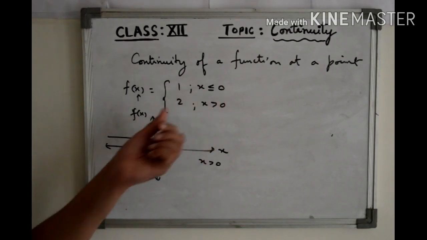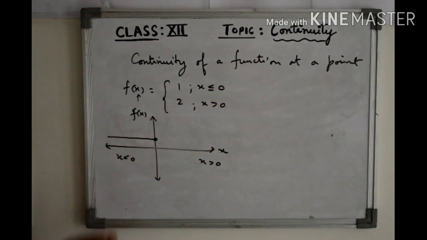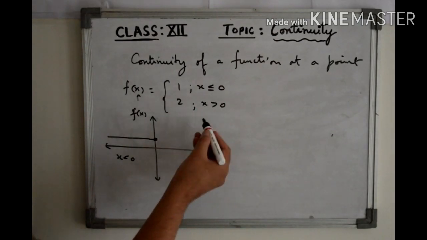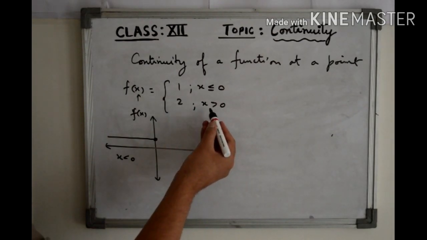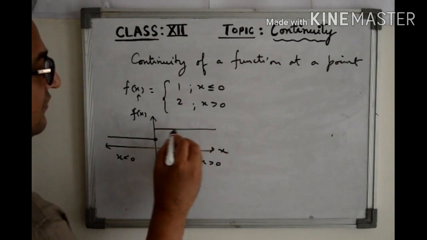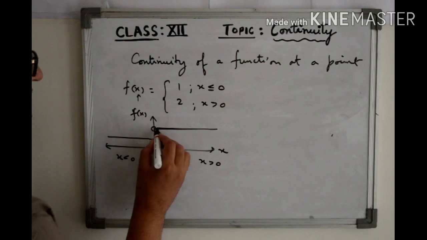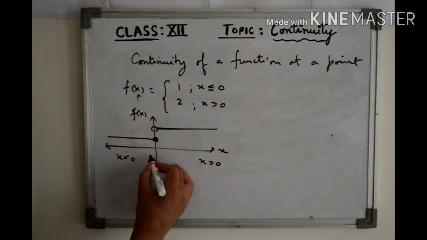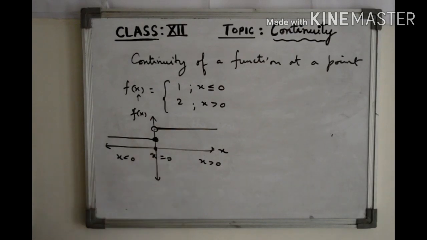So for negative real numbers and 0, the output is 1, and it is clear from the definition of this function that for the values of x greater than 0, the output is 2. So the graph will be like this, and I have to exclude this point and include this point, because at x equal to 0 the value of the output is 1. So this is the graph of this function.